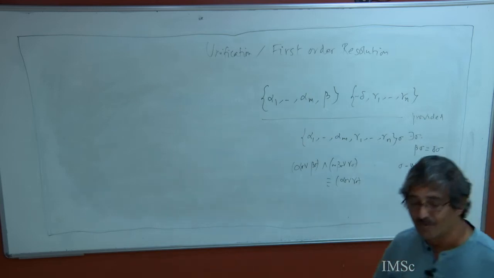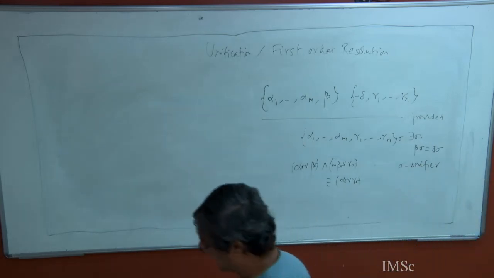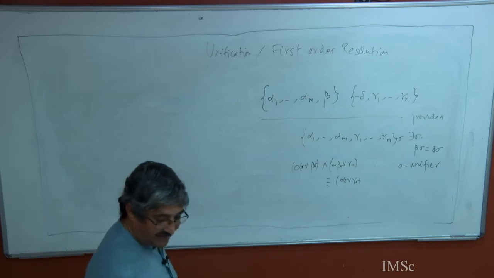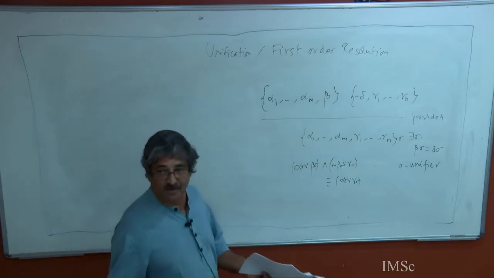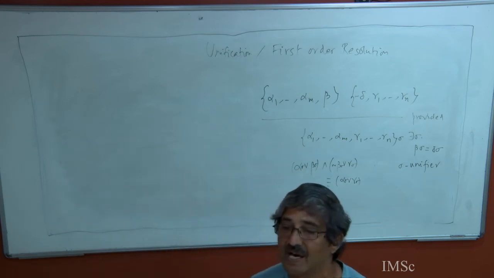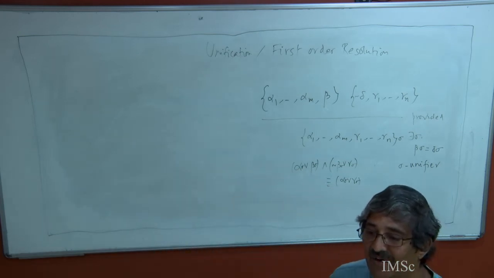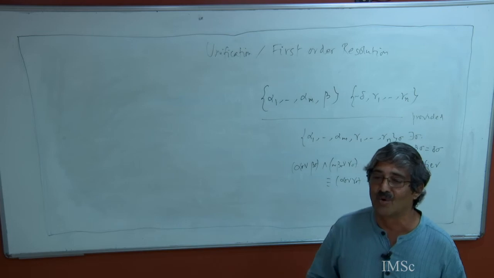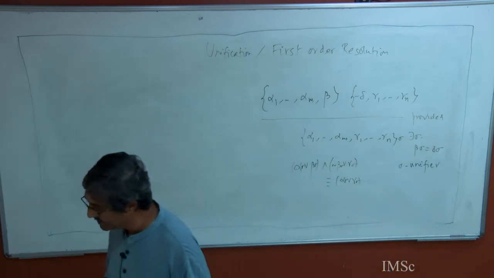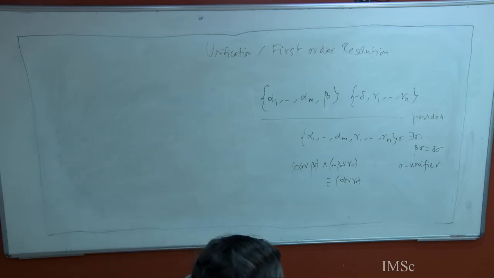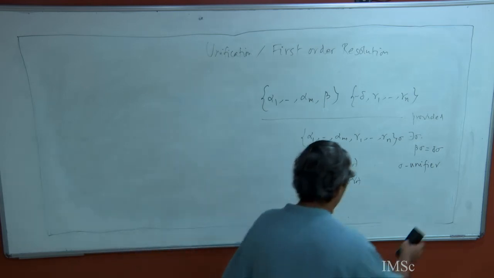So, how do you unify terms? The unification algorithm, in general, given two terms, tries to find the most general unifier. What is this idea of one unifier being more general than the other? This is something that we talked about last time. Let me remind you of these.